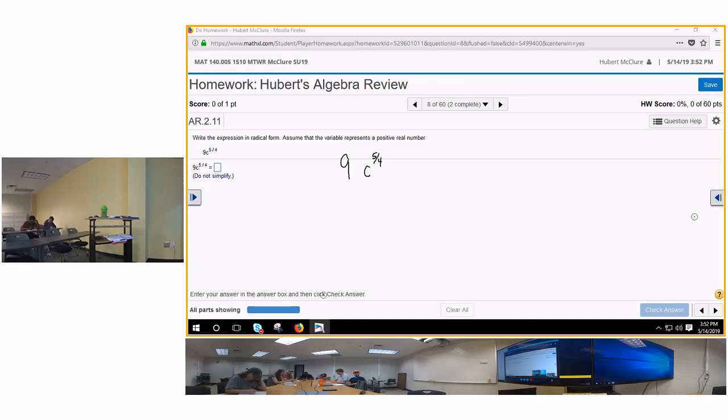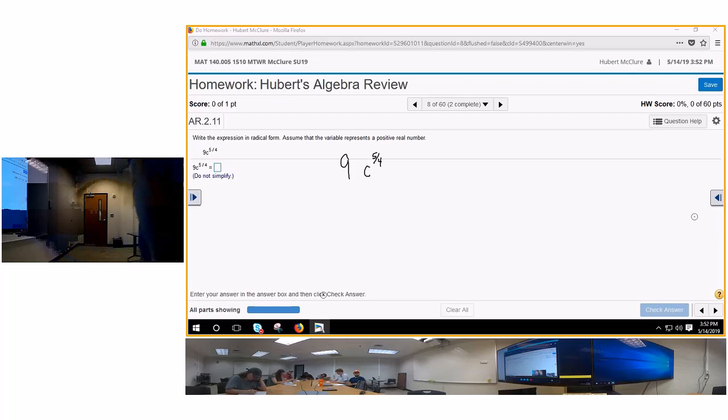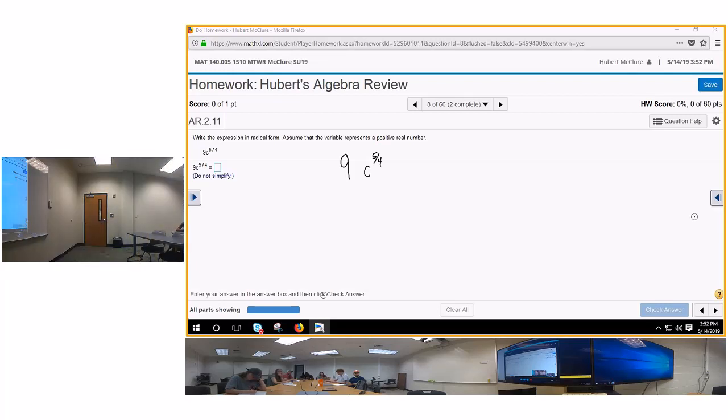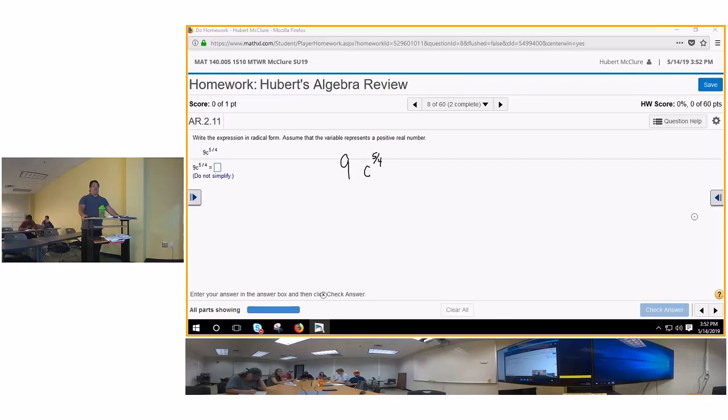Now there's one thing that you have to decide before you start this problem. What is it? Does the 5/4 go with the c, or does it go with the c and the 9? It goes with the c. Why doesn't it go with the 9? Because if it went with the 9, what would you have in the problem? Parentheses, yes.